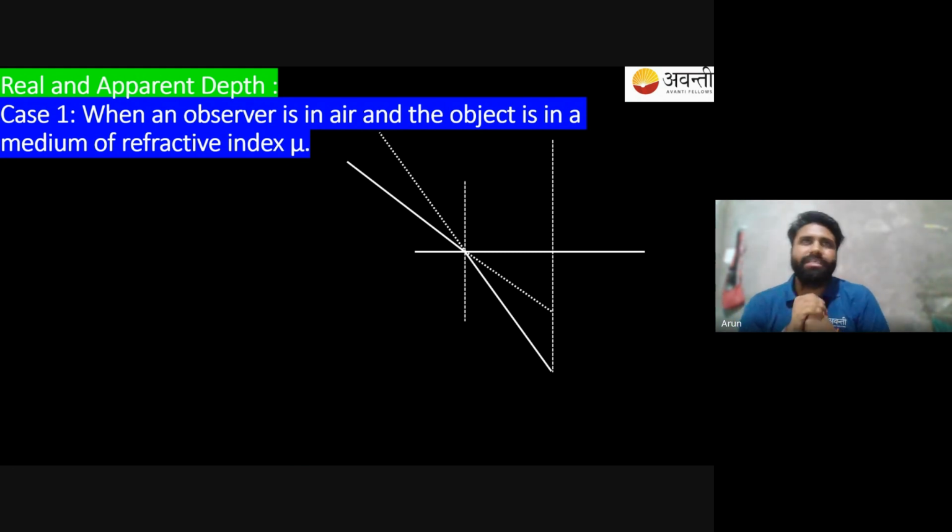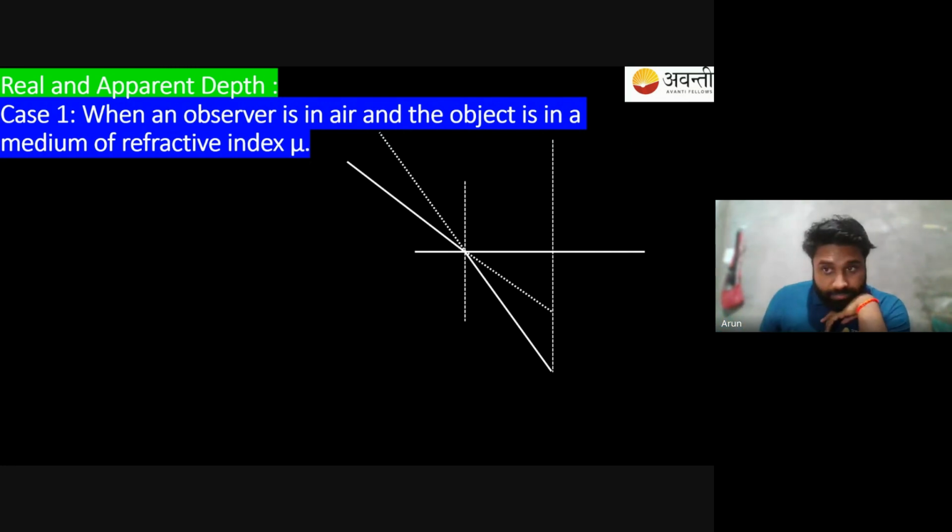You have also seen in a glass that water is filled, and you put your pencil in. This is the apparent shift in the position of the pencil length inside the liquid compared to the outside one. This is all happening because of the different refractive indexes of the liquid. So we are going to discuss what is the real depth and apparent depth in different cases.